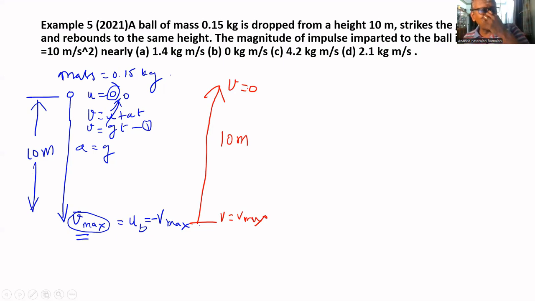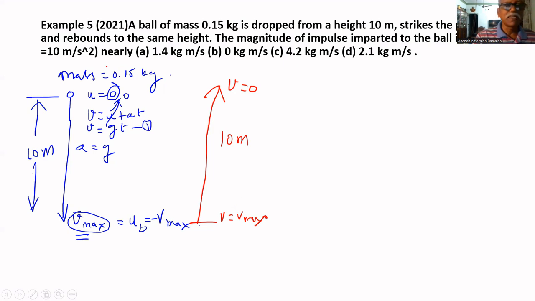The distance traveled is the same, so both should be equal. Initial velocity must be v max, final velocity must be 0. This we got. So the magnitude of impulse imparted to the ball is asked.